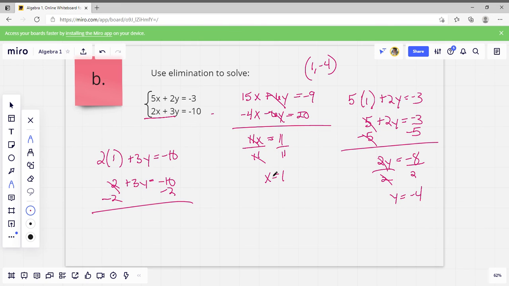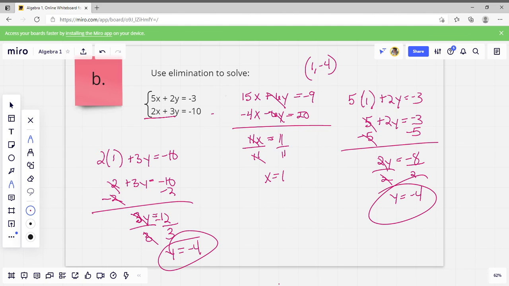I plugged my number in the wrong spot. 3y equals negative 12. Yeah, there we go. y equals negative 12 divided by 3, negative 4. There we go. Same answer. Okay, that's it for elimination and lesson 67.